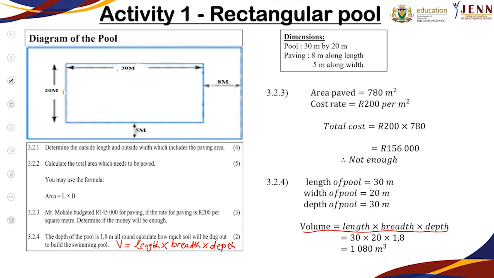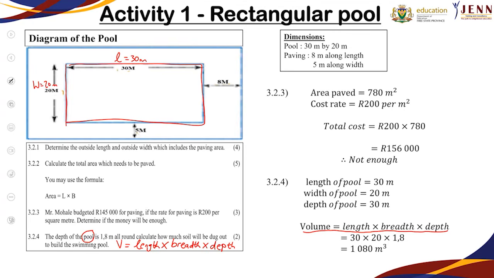Now, what are we talking about? We are talking about the pool. So where's my pool? There's my pool right along there. The pool has a length of 30 meters and a width of 20 meters.